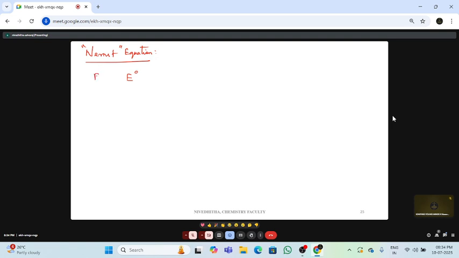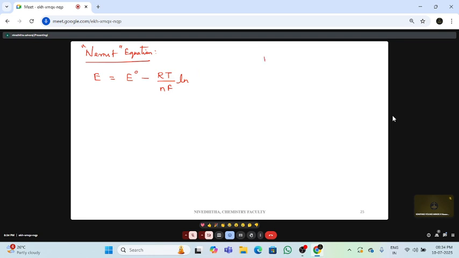And just now we discussed that this Nernst equation is to calculate the electrode potential of non-standard condition. So on the left side I'm going to have just capital E, the electrode potential at non-standard condition, which is equal to E naught, the electrode potential at standard condition, minus RT divided by nF ln. All the potentials we are talking about are reduction potentials.